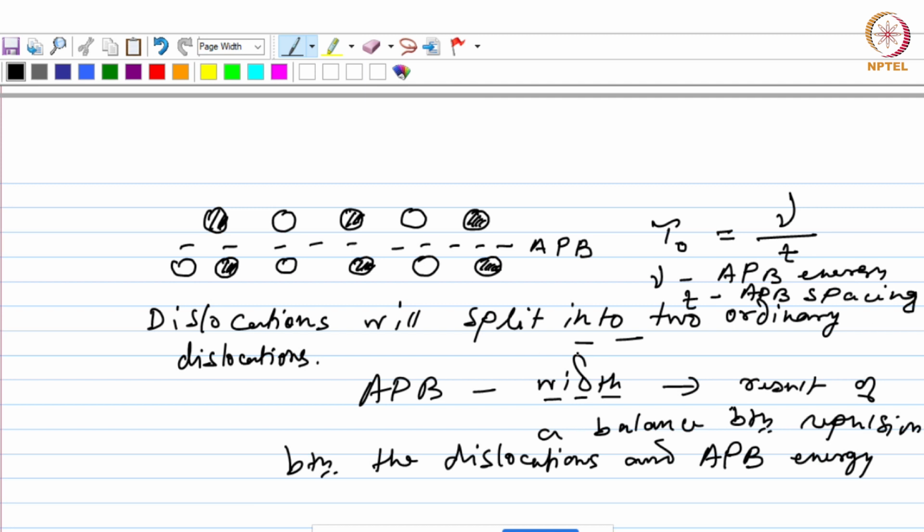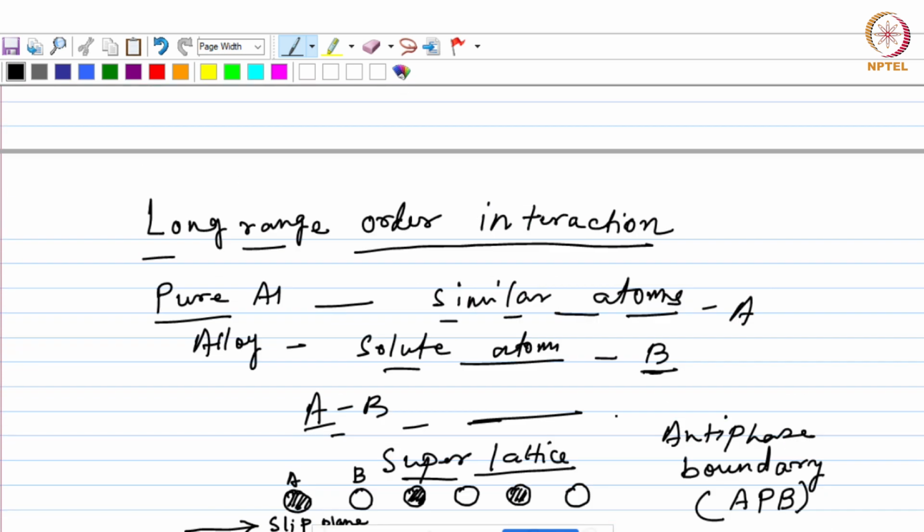Right, so that is how, due to the introduction of these antiphase boundaries in an ordered region of the crystal, the motion of the dislocations will be hampered, and as a result of that, the strength of the material will increase.